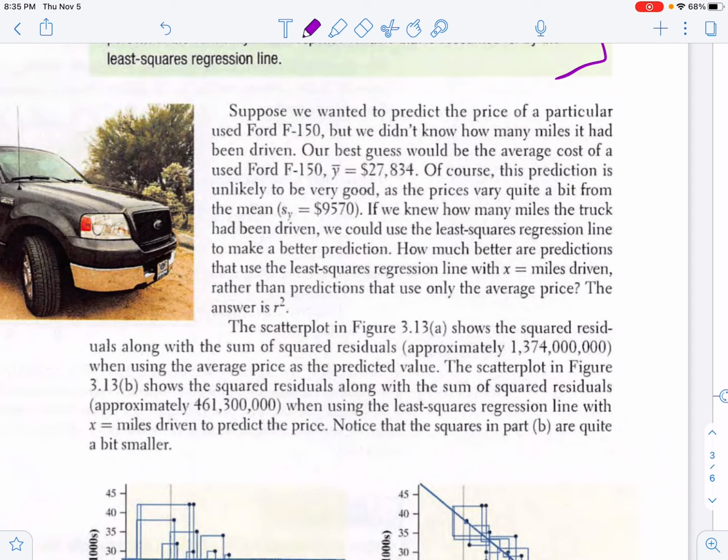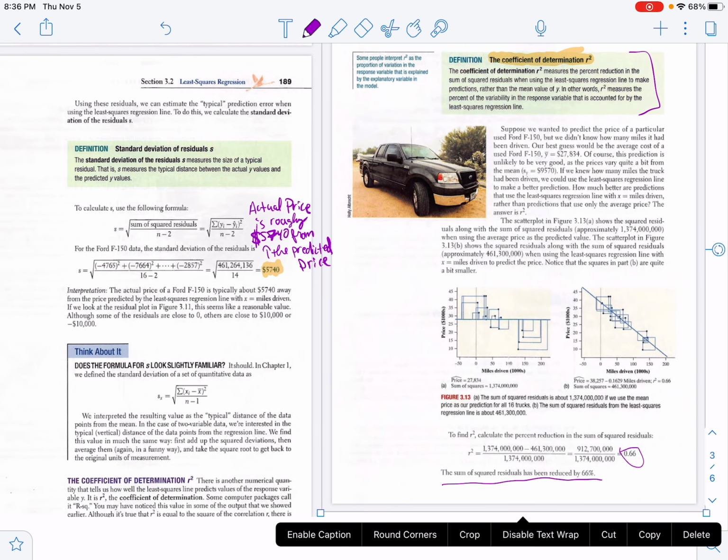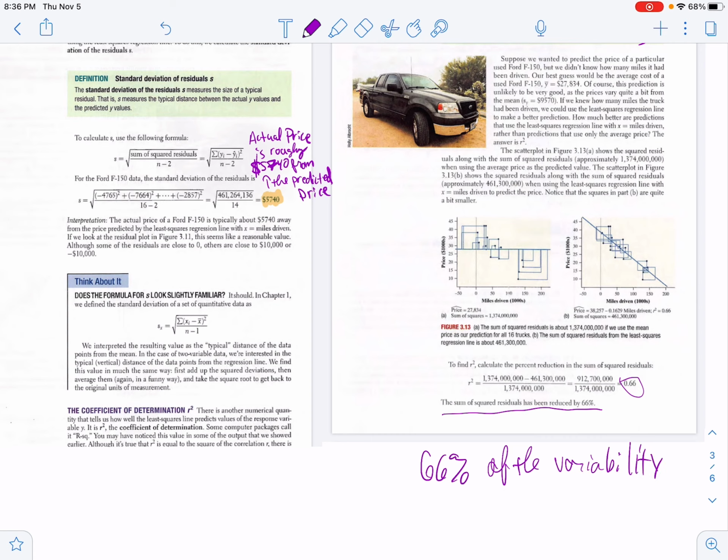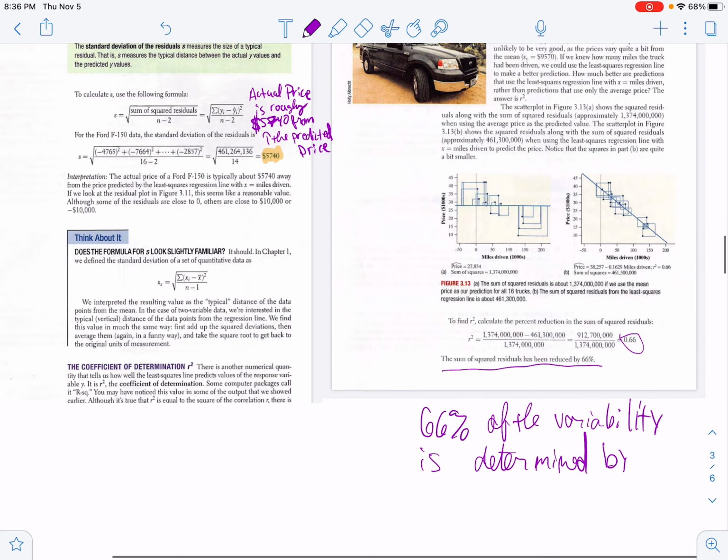One way to interpret this is the R squared value tells us that 66% of the variability is determined by, in this case, the miles driven.